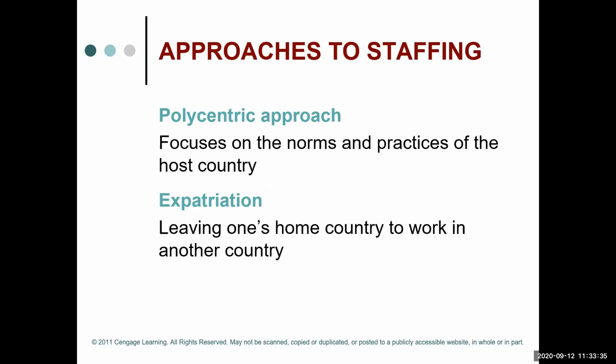Polycentric is what most companies are, which is they localize themselves in the way they work, especially culturally. Expatriation is when you get from your own country into another in an assignment which makes you spend time in some other country for a longer period of time, at least one appraisal cycle. That is expatriation.